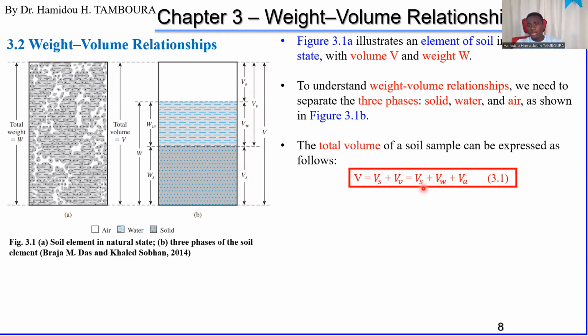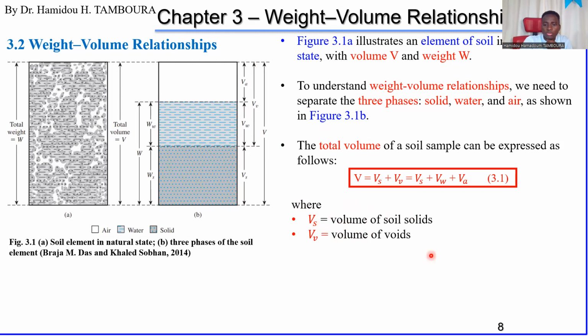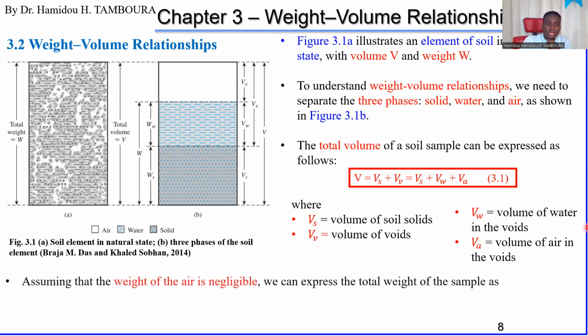So the total volume is volume of solid, volume of water, and volume of air, by adding the volumes of the three phases of this soil. Okay? Let's continue. Volume of solid, volume of void, and this one, volume of water, volume of air.